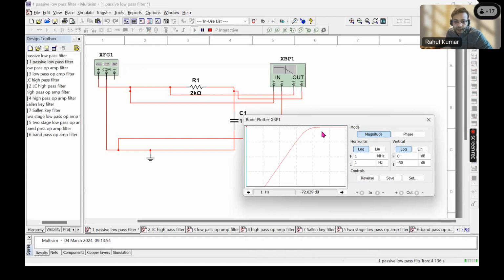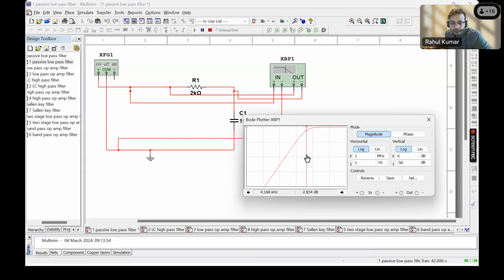So this is your high pass filter. You can calculate the cutoff frequency and the slope yourself. Let's quickly check the cutoff frequency. For a higher range of frequencies, 0 and minus 3 dB is approximately here, so around 4 kilohertz.